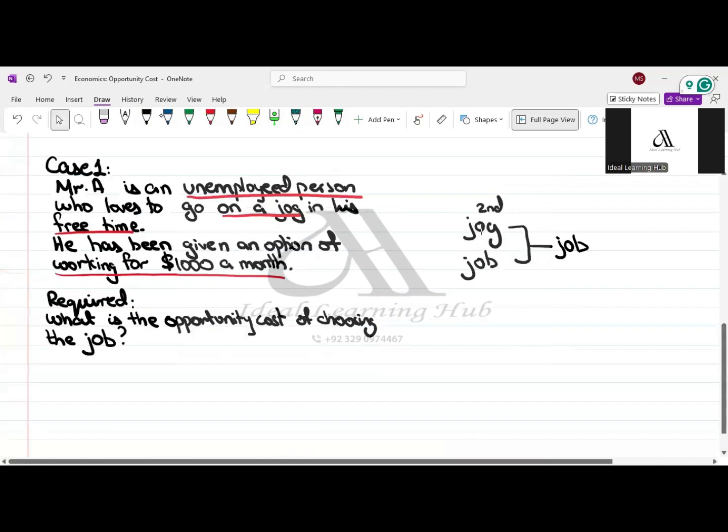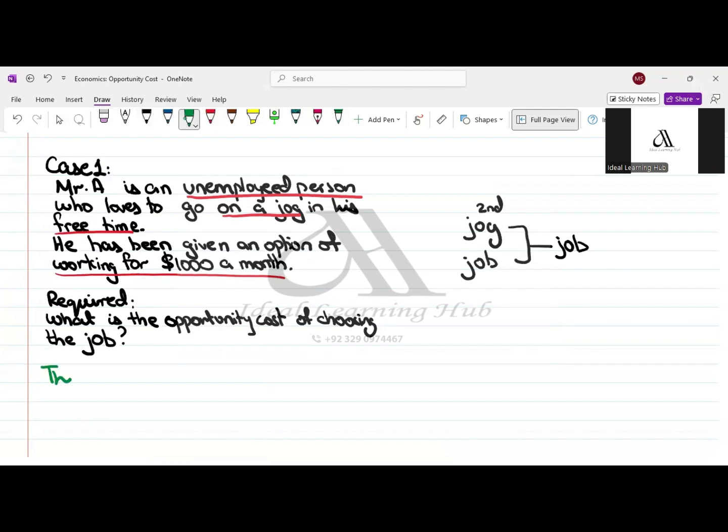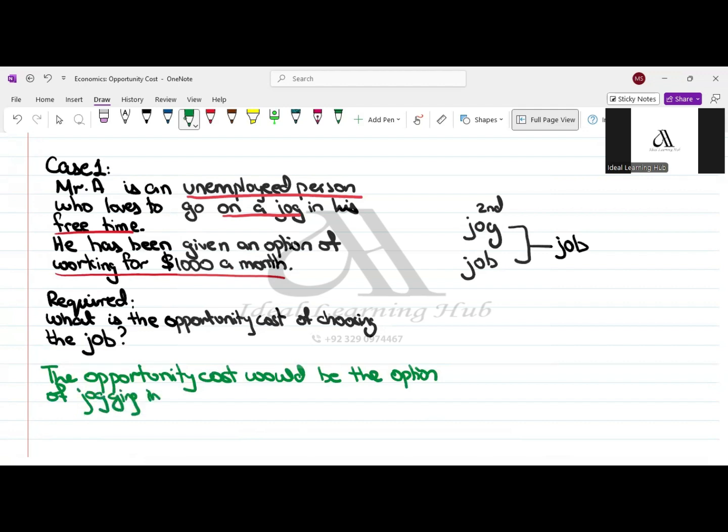Hence, we can say the opportunity cost would be the option of jogging in his free time.